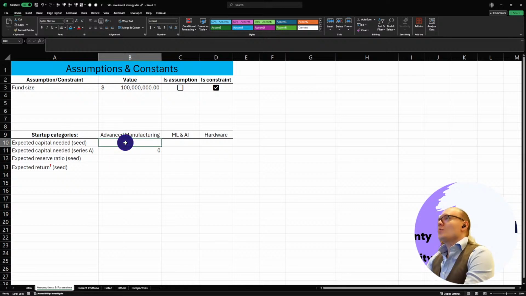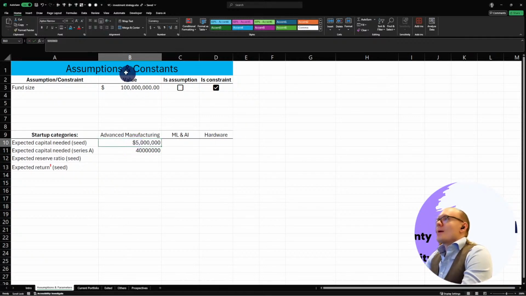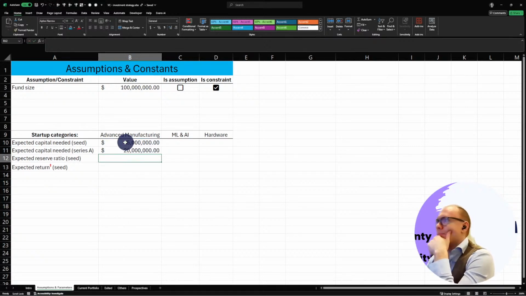So now, let's say what is needed is this number. So $5 million is what is necessary at the second time. At the first time, to get started at seed.